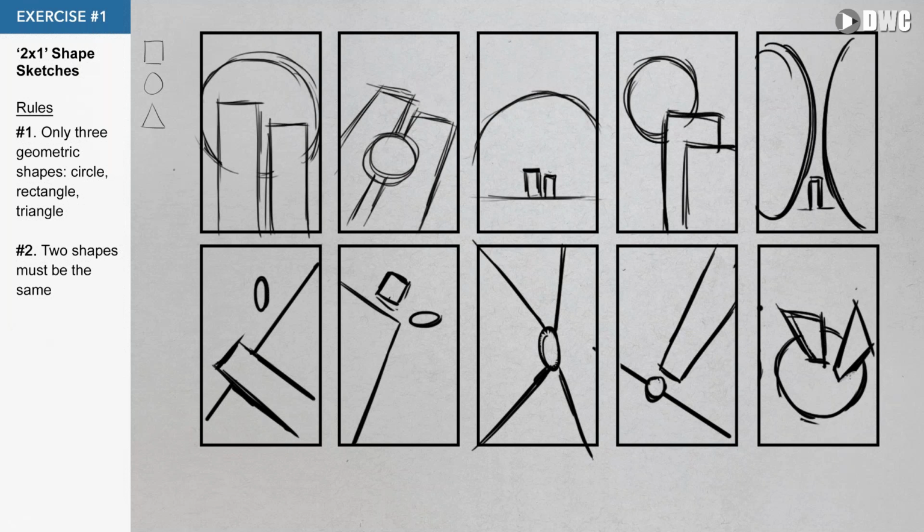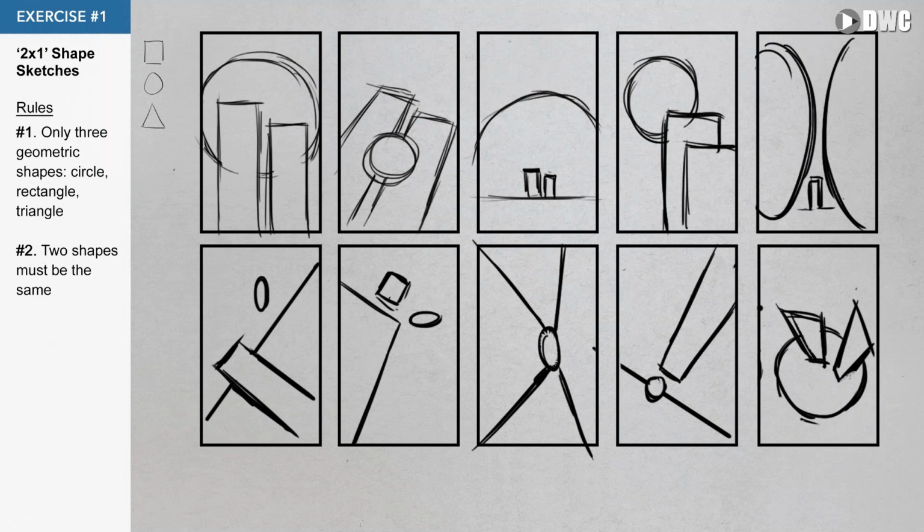That's it. In our compositions, 2 of the shapes must be the same. So two squares and 1 circle, 2 circles and 1 triangle, and so on. Also, you want to try to communicate or illustrate a theme or an idea or even a story. I'll demonstrate that as we go along.